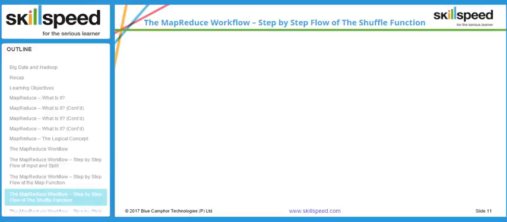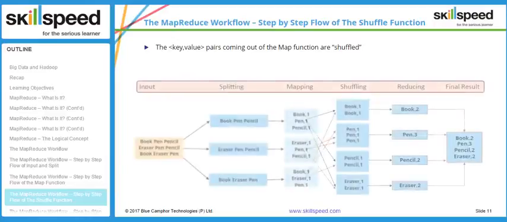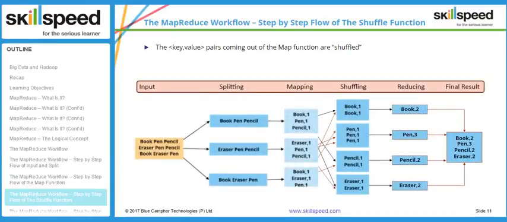Now the next phase is the shuffling phase. If you look at a particular key, let's take the key called book. Book is there on data node 1. However, it is also there on data node 3. In the shuffling phase, you can see that book, 1 and book, 1 from data node 1 and data node 3 have been assembled at one place.